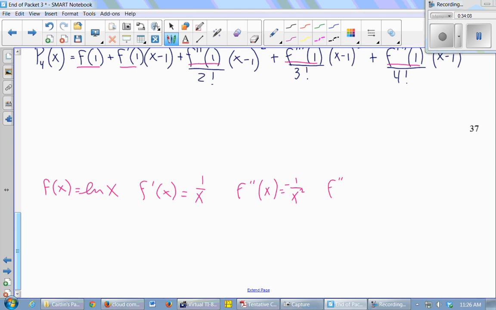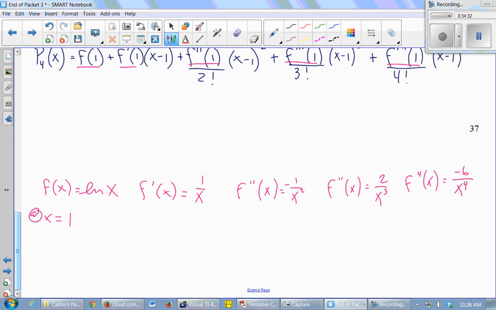And f triple prime is 2 over x cubed. And my fourth derivative is negative 6 over x to the fourth. And then I have to evaluate all of these at 1, right? That's why I started doing these, so I could get f of 1 and f prime of 1. Okay, so at x equals 1.